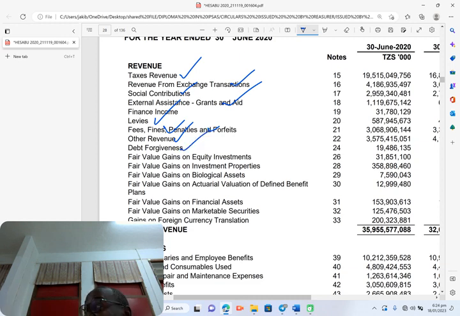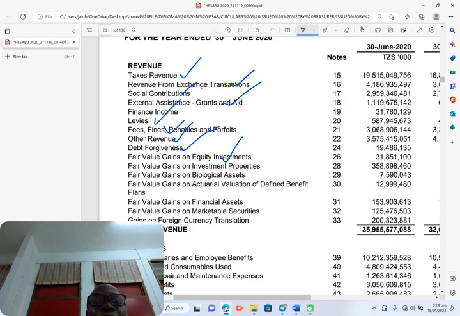Debt forgiveness is an income, meaning the World Bank may forgive debts for the Tanzanian government. And then you have what? Read there. Fair value gain on what? Equity investment. That's what I'm insisting.